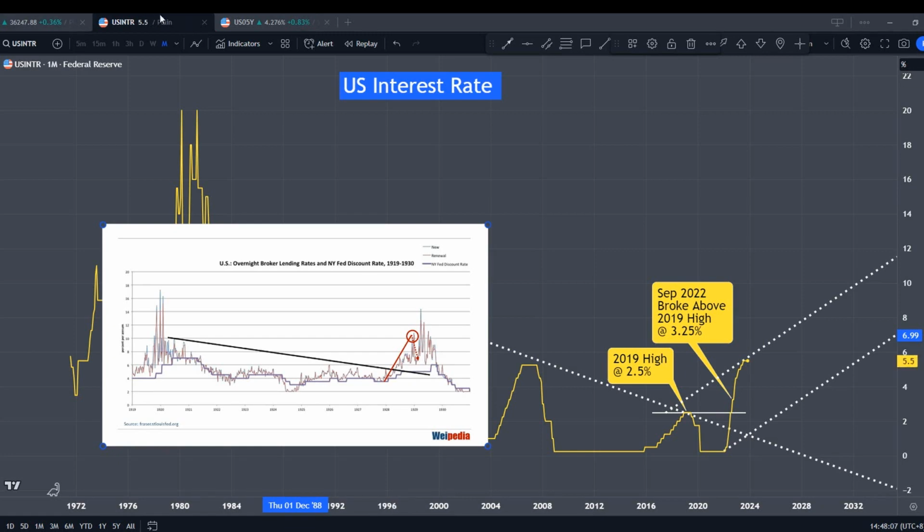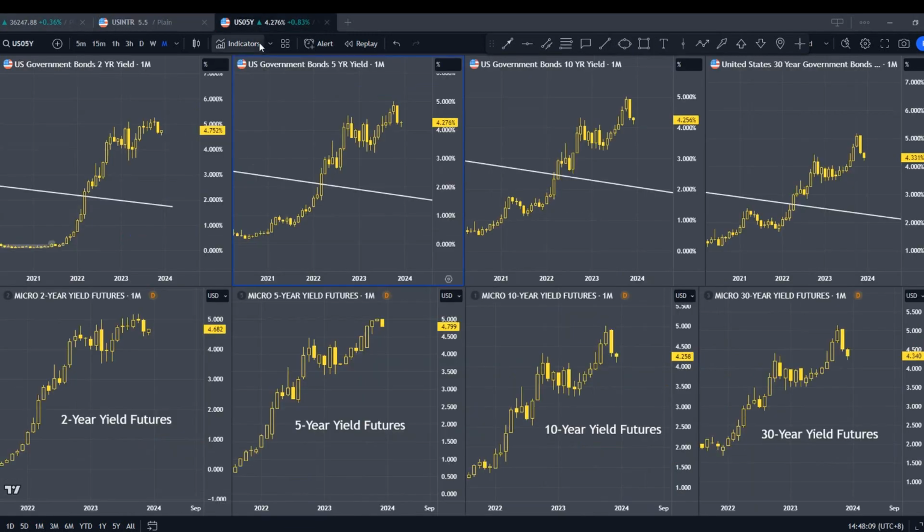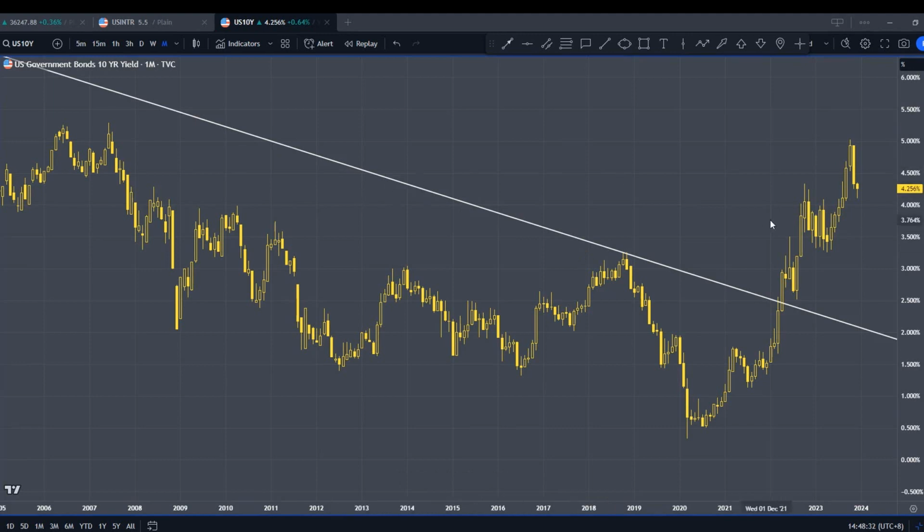Now, this is what I'm going to utilize, which is the 2, 5, 10, and 30 years yield, which is the interest rate market. What we're seeing here in the upper window is the cash market, and the lower window is the yield futures in CME, and how you trade and hedge. You can utilize that, but we're going to study the cash market.